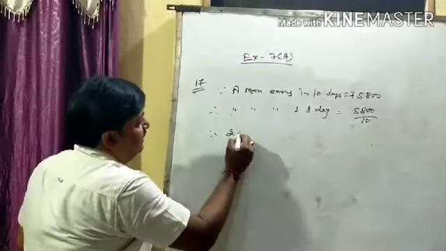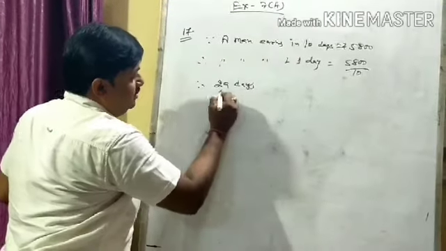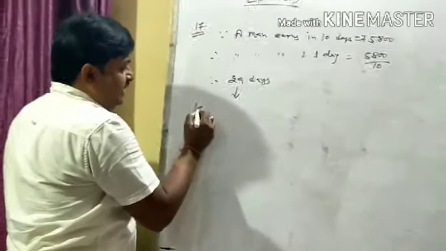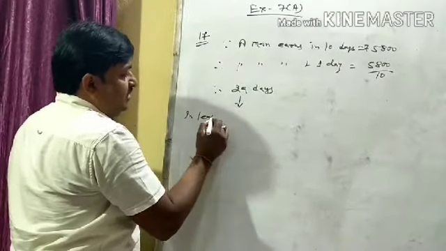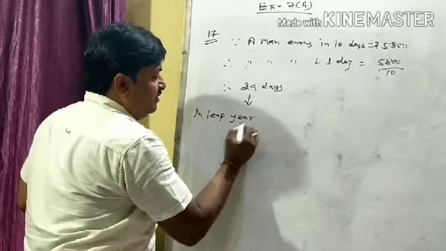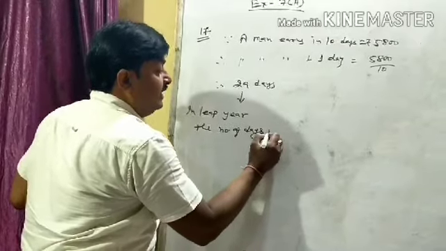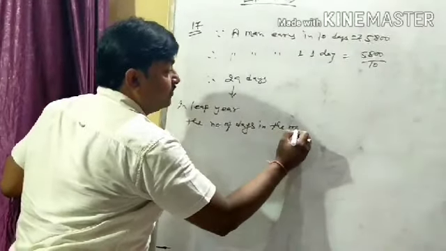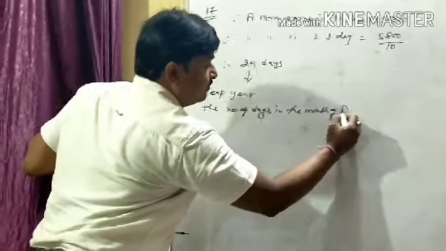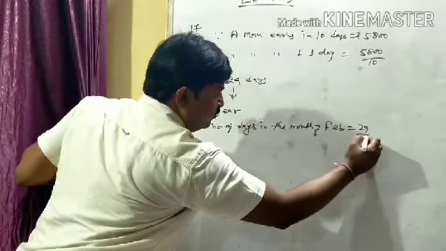In a leap year, the number of days in the month of February is equal to 29.